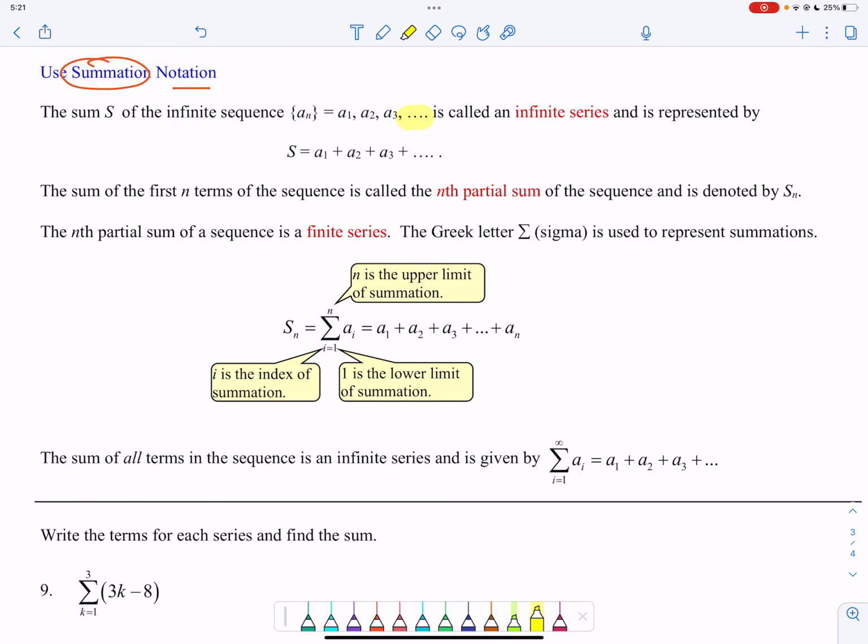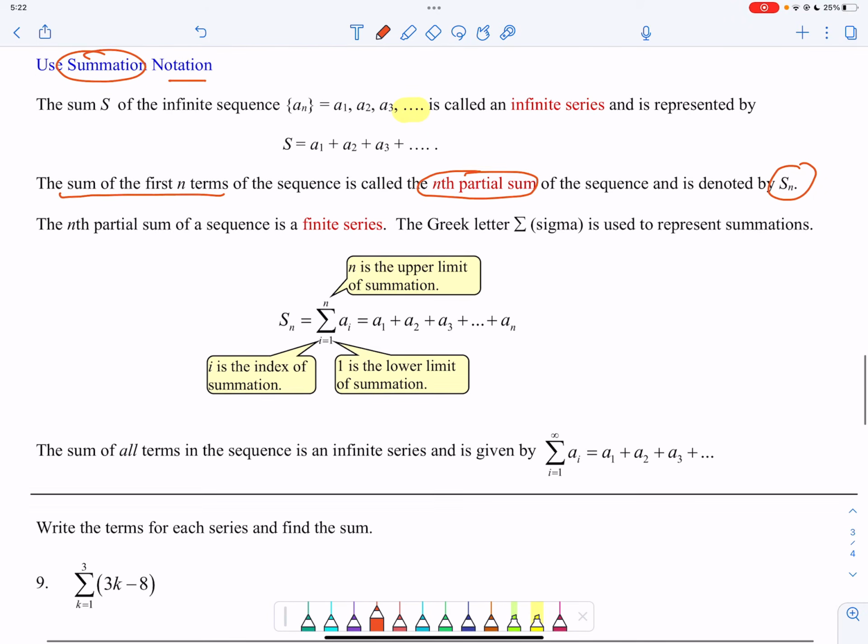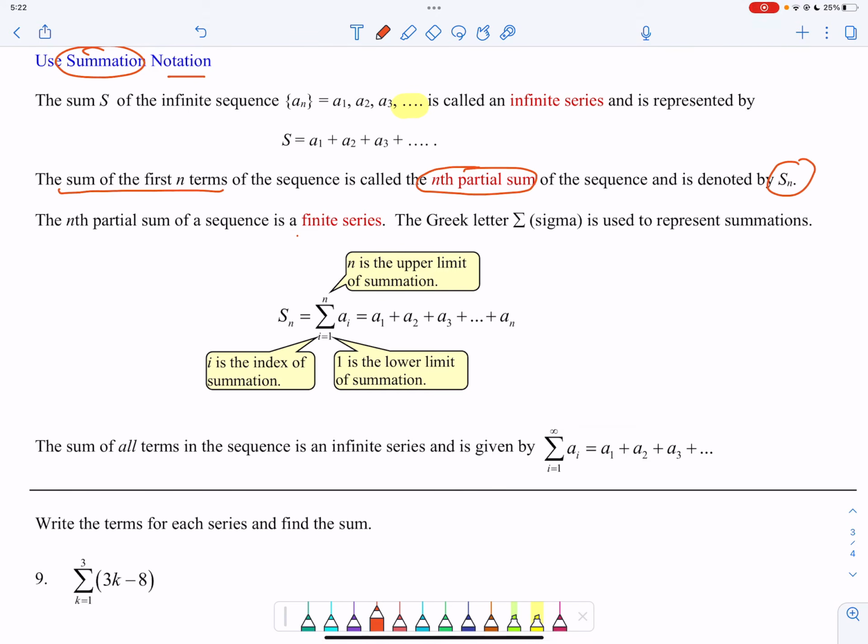The sum of the first n terms of a sequence is called the nth partial sum, and it is denoted by S sub n. The nth partial sum of a sequence is a finite series. And here we have a Greek letter sigma that looks like this. I usually would draw mine like that. And it's used to represent summations.